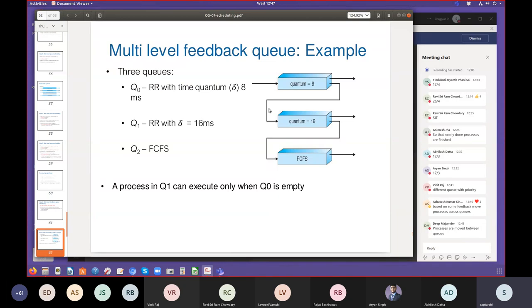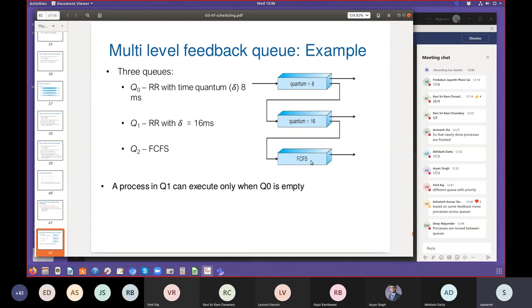So here is a sample algorithm which can be followed. We have three queues. Q0 is the highest priority. It follows round robin with time quantum 8 milliseconds. Q1 is also executing round robin with time quantum 16 milliseconds.